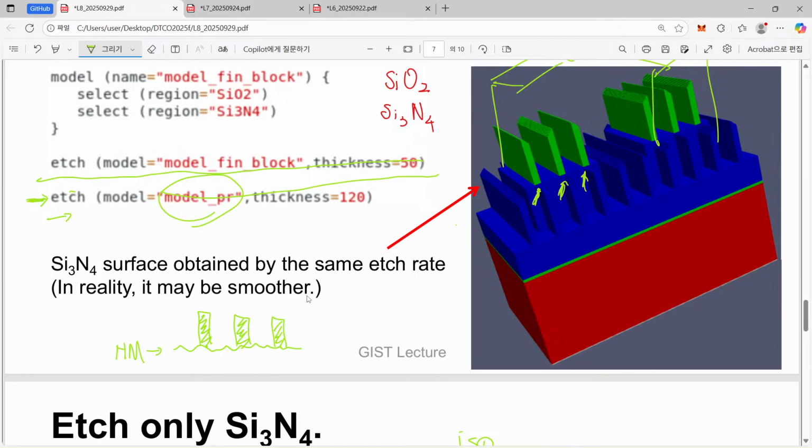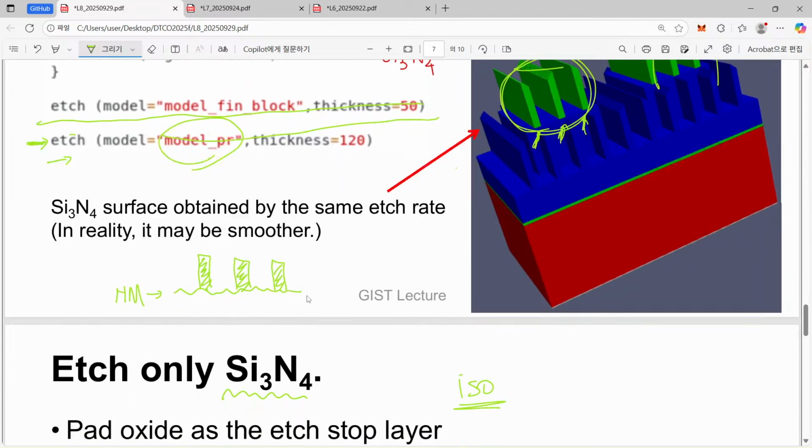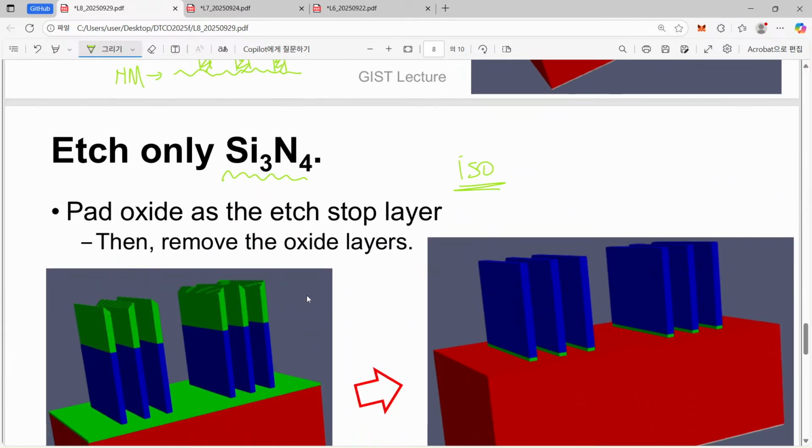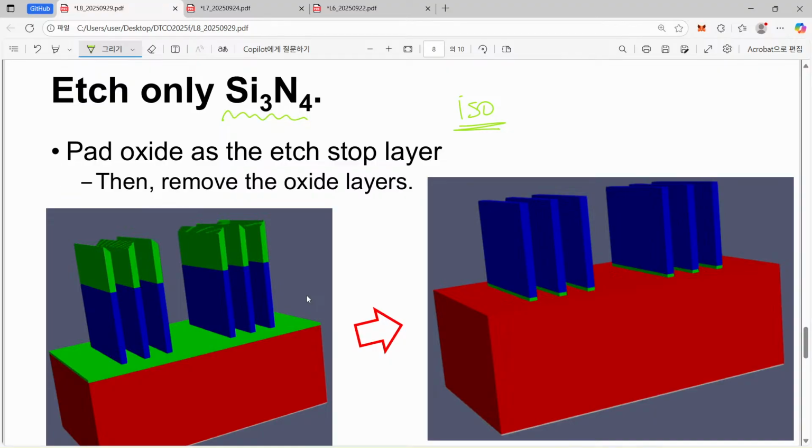However, if we use just anisotropic etching with this silicon dioxide pattern as a mask, then we can find this kind of pattern.